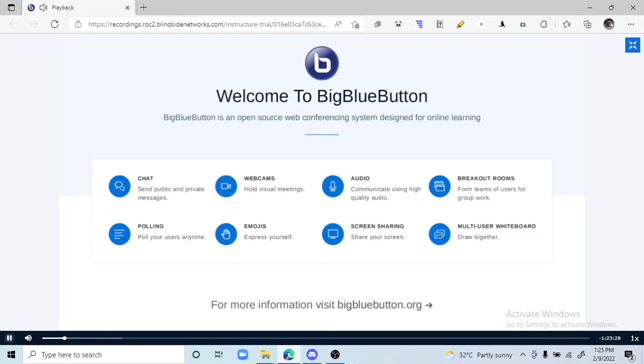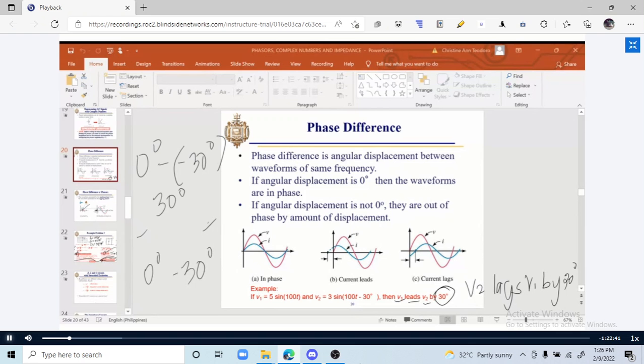Why it is not sharing? Okay, can you see now the screen?